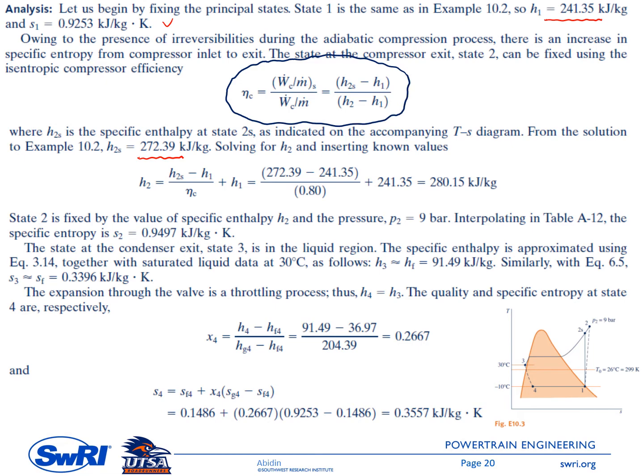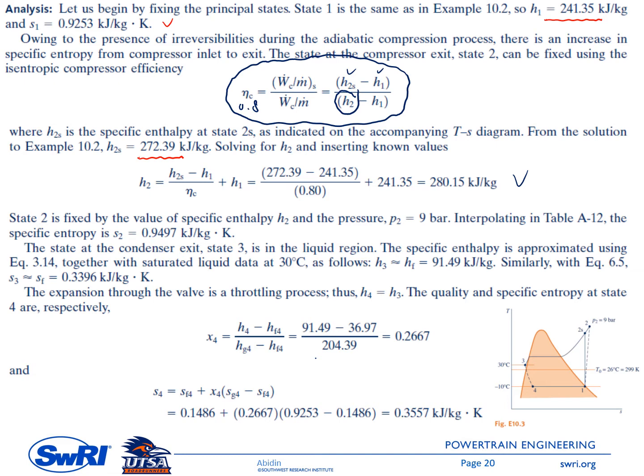The eta here is 80%, H1 is 241.35, and H2S is 272.39. The only unknown variable is H2, which we get from this correlation with 0.8. So H2 here is 280.15.